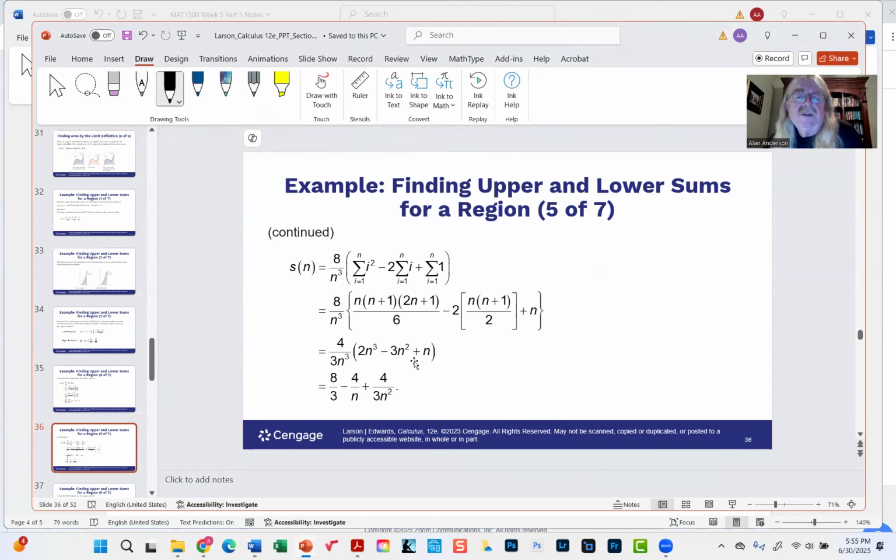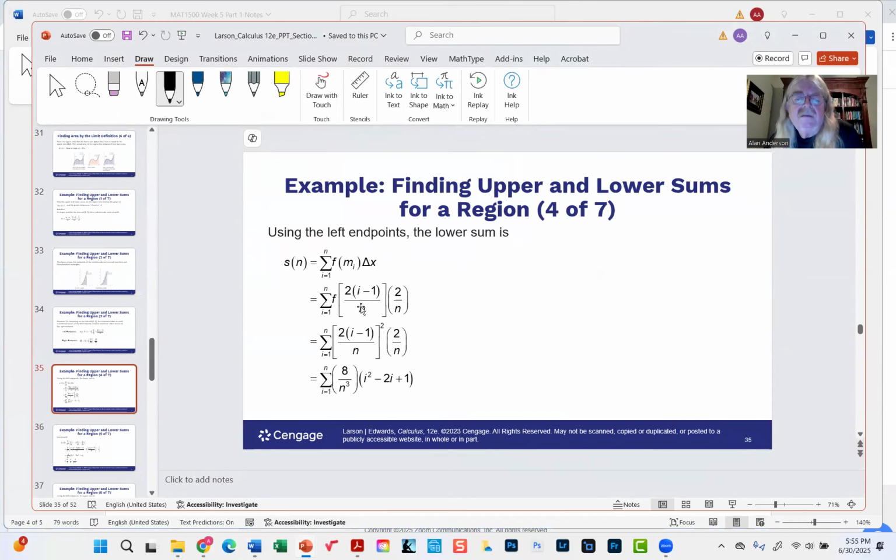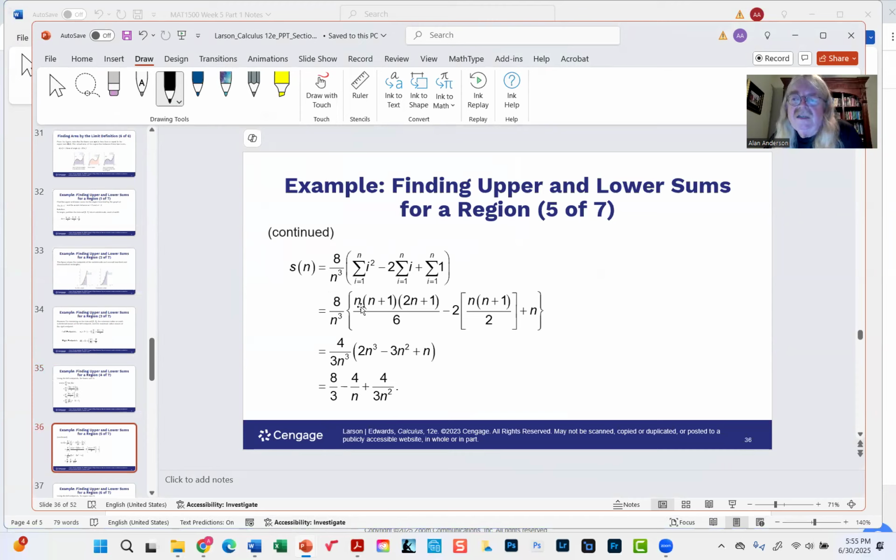And it will be different for each case, but it does end up eliminating any need to refer to the actual function. It's a very simple formula. Look at that. Now, the reason why this is done is because remember, it's n that we're taking the limit of. So we need our formula to be written in terms of n.